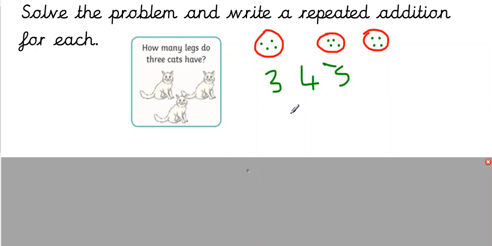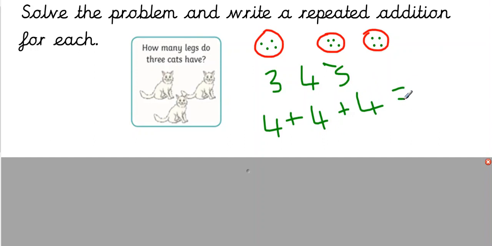So that means I need to do 3 additions because I've got 3 groups. Okay, and in my additions I need 1, 2, 3, 4, 1, 2, 3, 4, 1, 2, 3, 4. Okay, that's what's called a repeated addition.